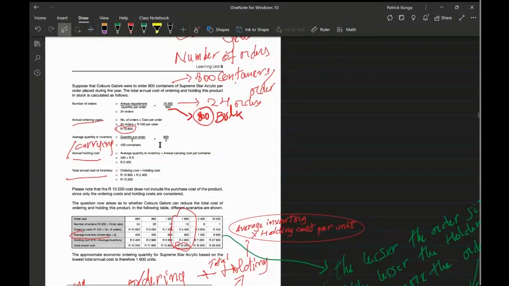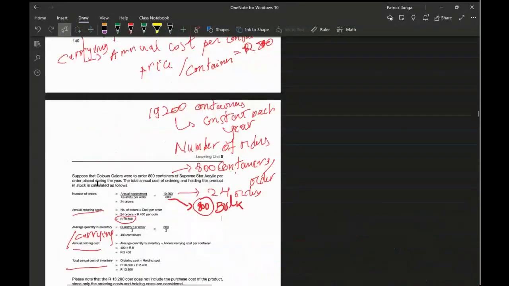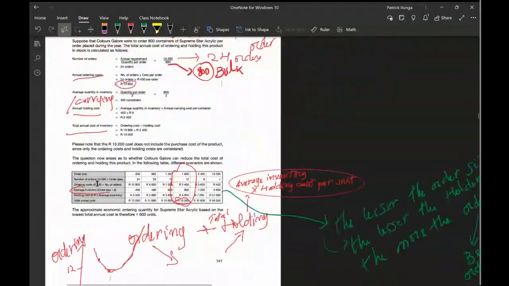It's an average. What is the annual holding cost? Remember two things: the ordering cost and the holding cost. For what purpose? For the purpose of calculating the economic ordering quantity.